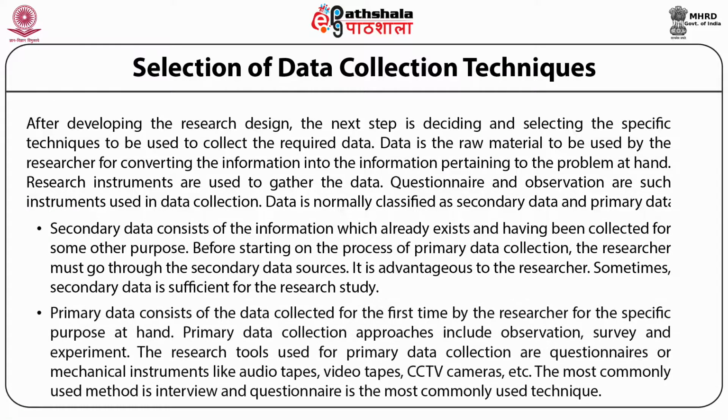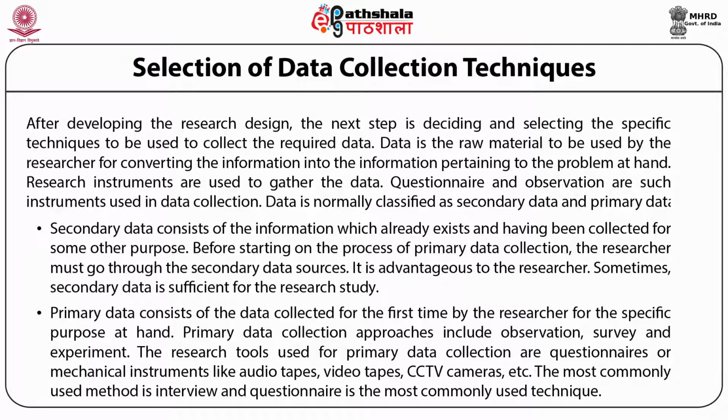Whereas the primary data consists of data collected for the first time by the researcher for the specific purpose at hand. Primary data collection approaches include observation, survey, and experiment.